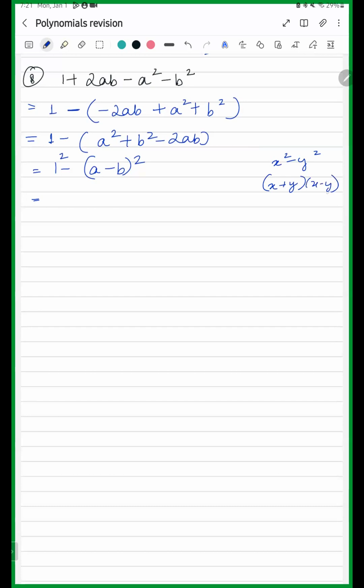I mean, x is not 1, we are just comparing it with the formula. So 1 plus a minus b into 1 minus a plus b. So this is your answer.